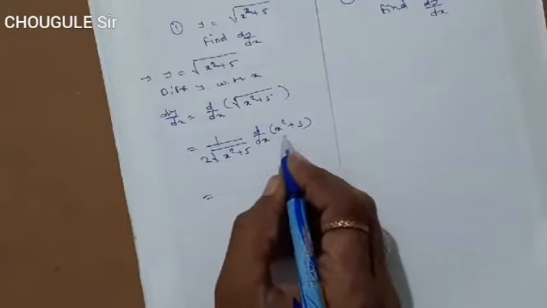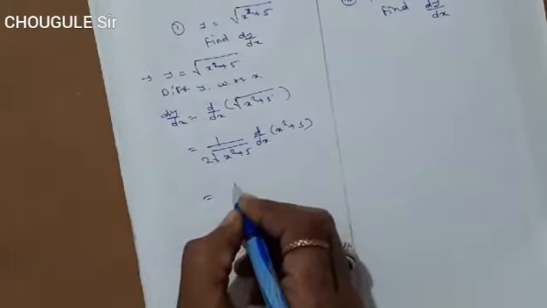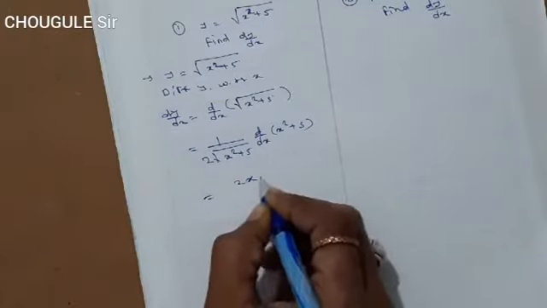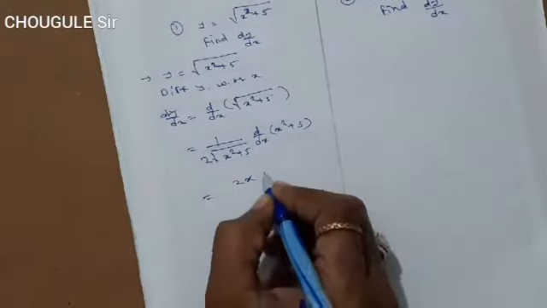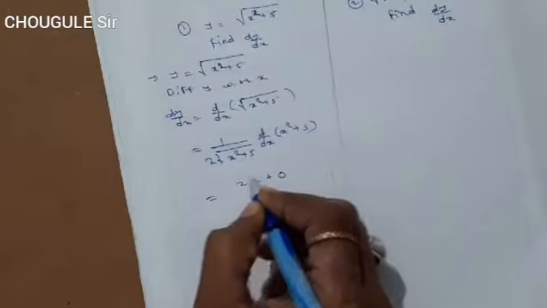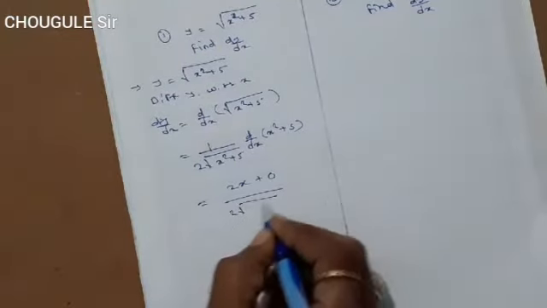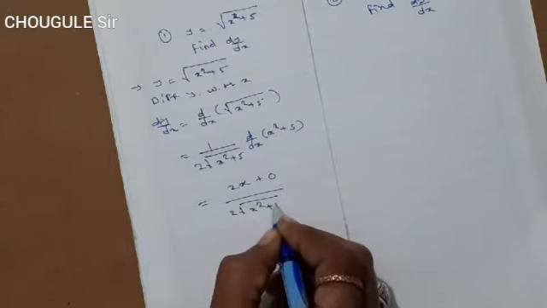d by dx of x to the power 2 will be the derivative 2x, and plus 5 will be a constant, so the answer will be 0, upon 2 under root x to the power 2 plus 5.